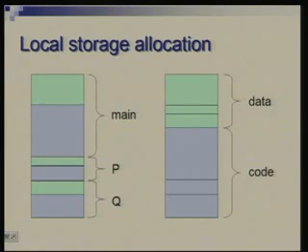For example, if you look at this picture, this is the main. The green one is the data area, this is the code area. Then there is P, green is the data area, then the code area for Q, data and code. I have just placed them one after another in contiguous locations.